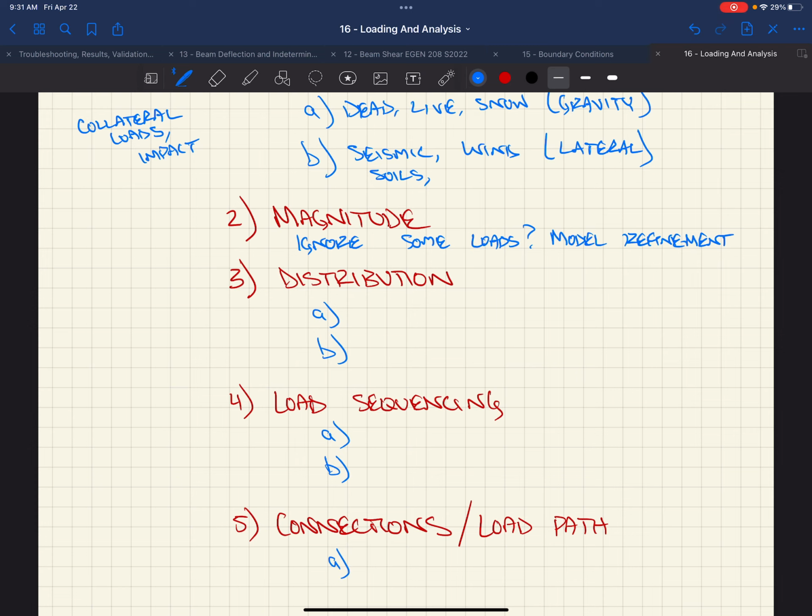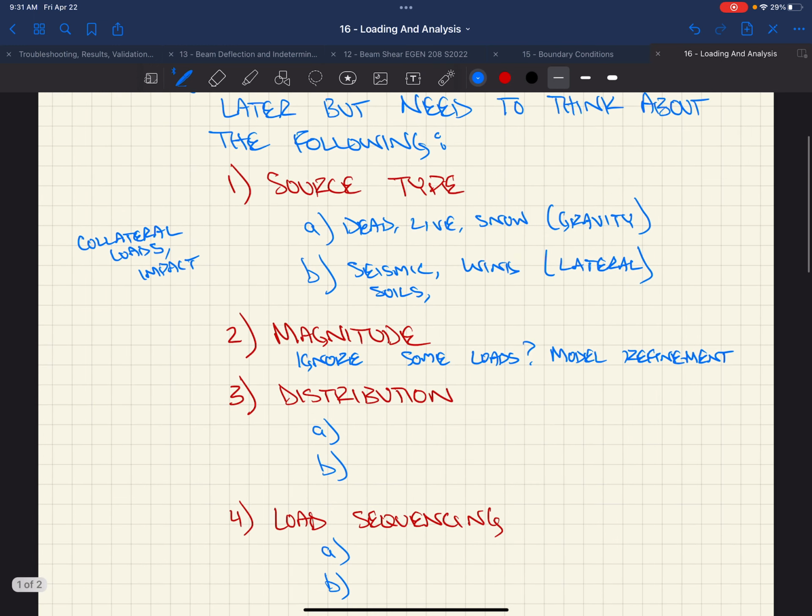So we might change the magnitude, or ignore the magnitude, or move that force in order to better model our design intent, whether it's the brace frame, moment frames, supports, or whatever.